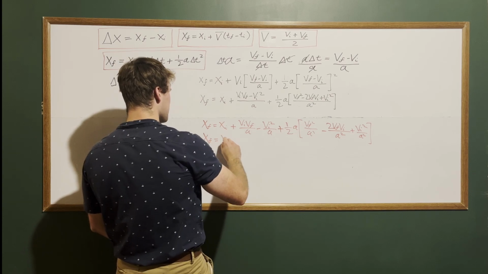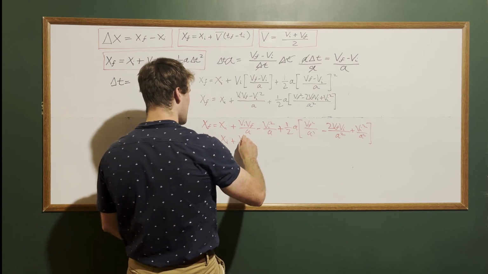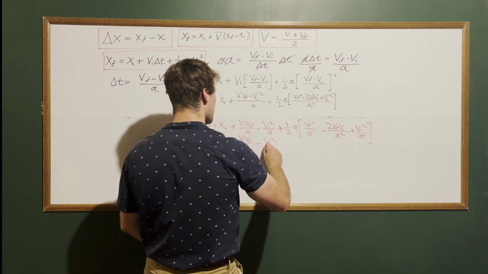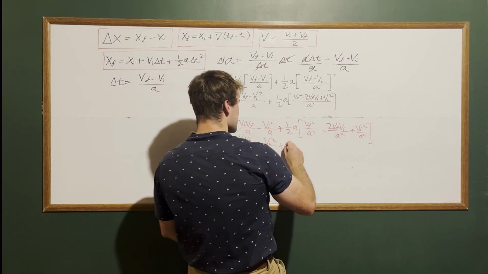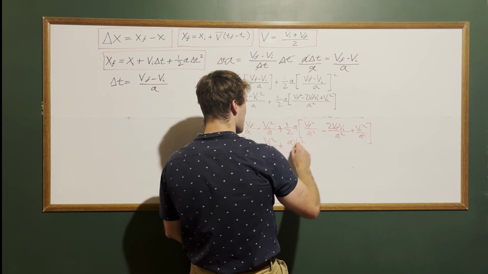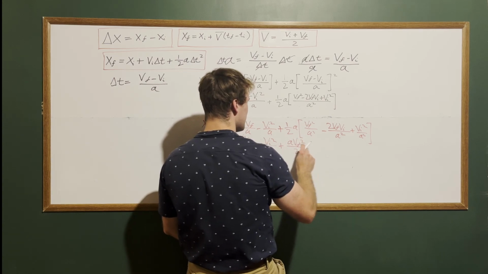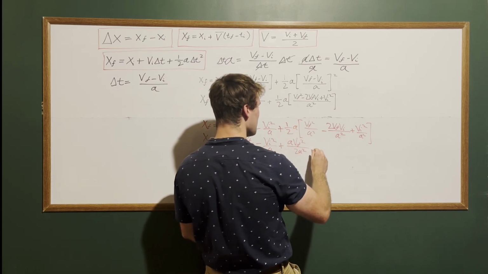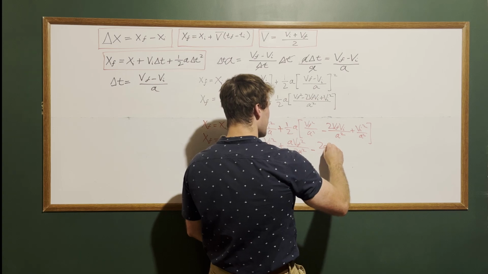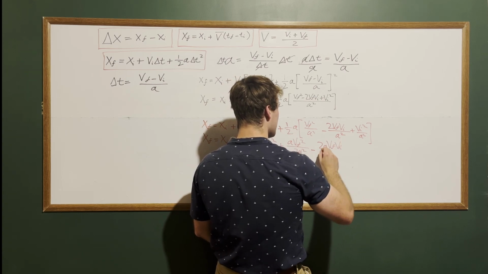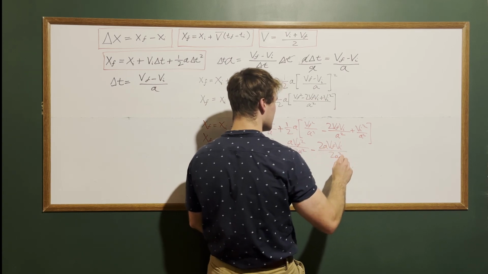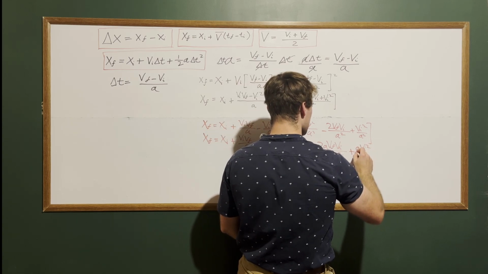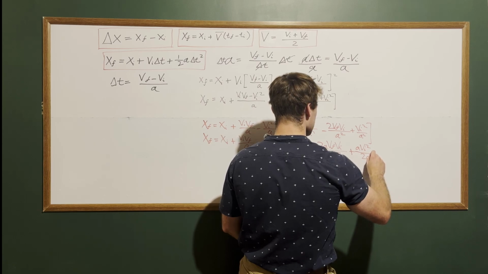Final displacement equals initial displacement plus vi vf over a minus vi squared over a plus a vf squared over 2a squared. Literally just multiply them in. Numerator times numerator, denominator times denominator, minus 2a vf vi over 2a squared plus a vi squared over 2a squared.